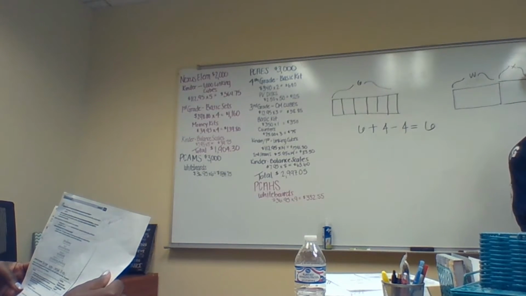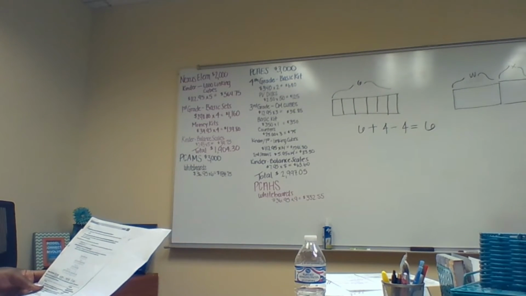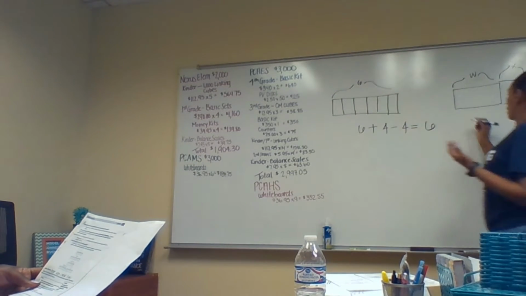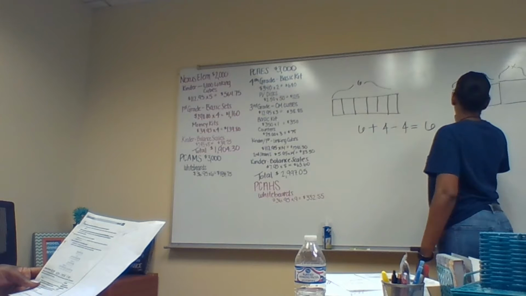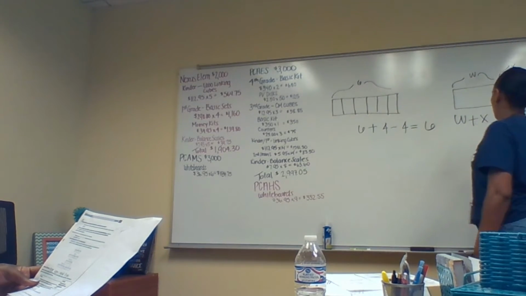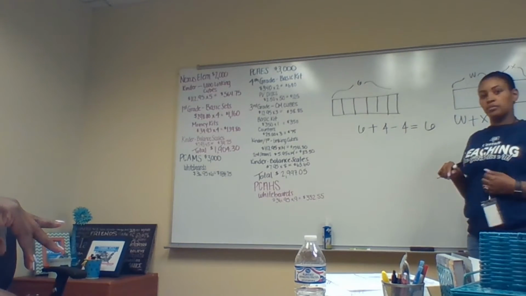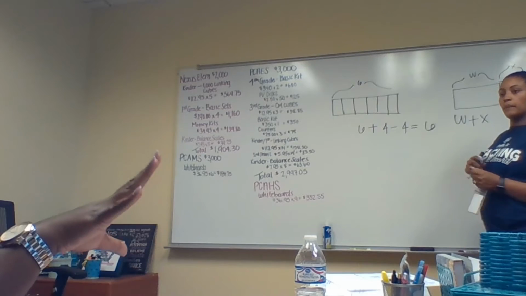Maybe similar to how we did adding on the 4. What expression can we create? W plus X. Is that what happened? Yeah, we started with W and then we added this X box on.